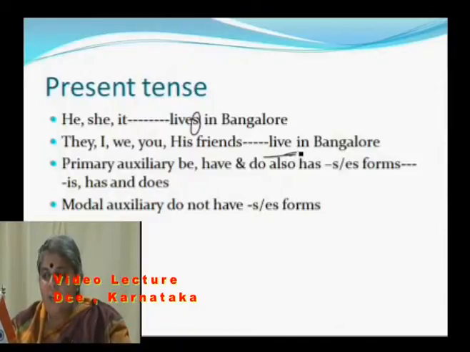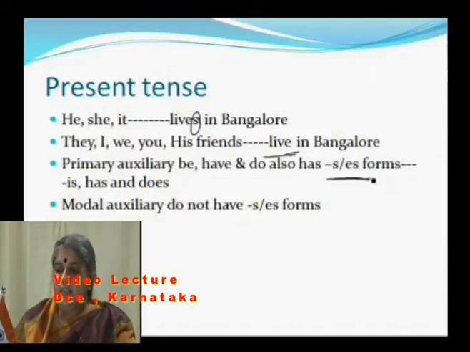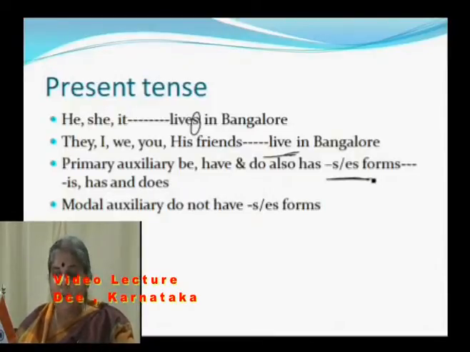Now, let us look at the role of primary auxiliary here. The primary auxiliaries be, have and do also have s or es forms. It doesn't take them like a lexical verb. It has these forms. Yes, be becomes is, have becomes has, do becomes what?